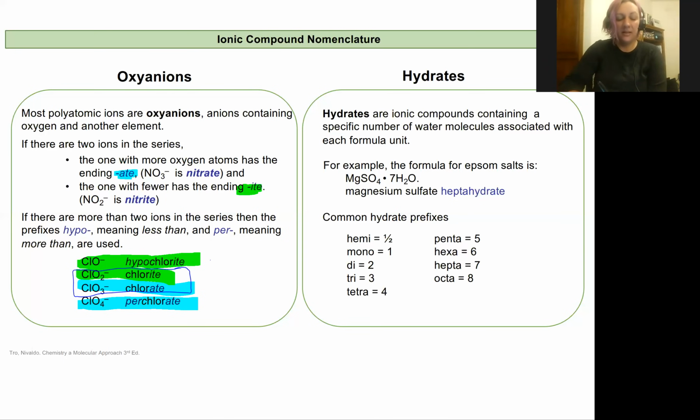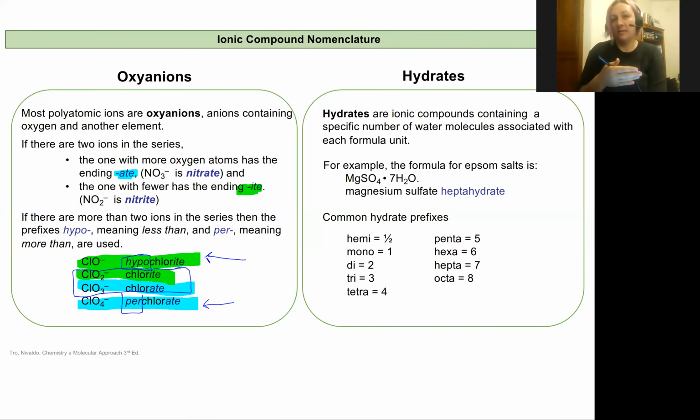But then the smallest becomes hypochlorite, so we're adding this HYPO at the beginning of the polyatomic ion name. And the largest one with 4 oxygens gets perchlorate. Again, you need to know all of the possible ions that would form with oxygen for that element, and then you can go through and determine what the names would be.